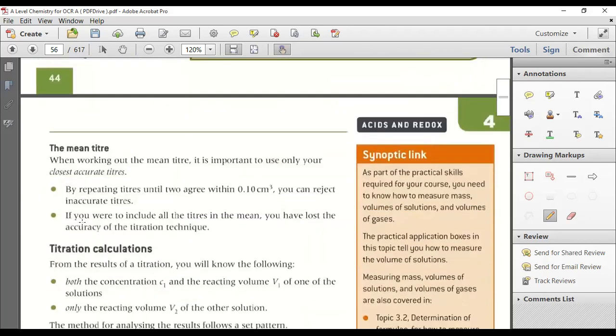Now, what do you mean by titrate? When working out the mean titrate, it is important to use only your closest accurate titrates.